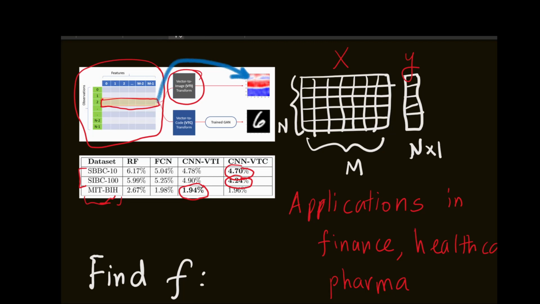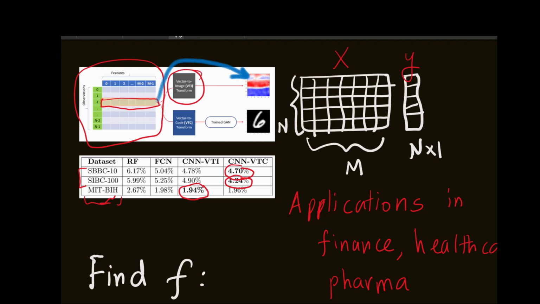The second transform is one where we look at the observation vector, and instead of directly converting it to an image, we modulate a noise vector using this observation vector, and then we feed that noise vector into a trained GAN. In this case, our GAN was trained on the MNIST dataset, which is why you see all these digits, but it really could be anything.